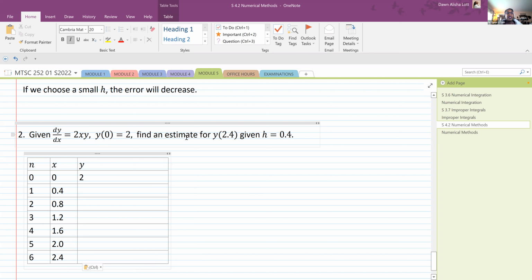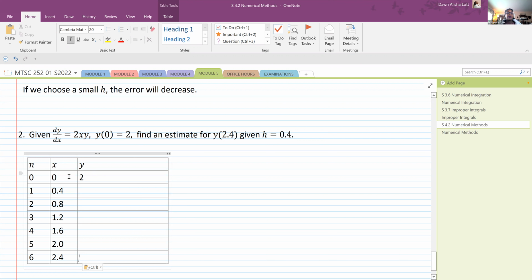And we want to find an estimate for y of 2.4. So I want to get down here to find what y of 2.4 is, given h is 0.4. So I can tell from here, x1 is 0.4, x2 is 0.8, x3 is 1.2, x4 is 1.6, x5 is 2.0, and x6 is 2.4.